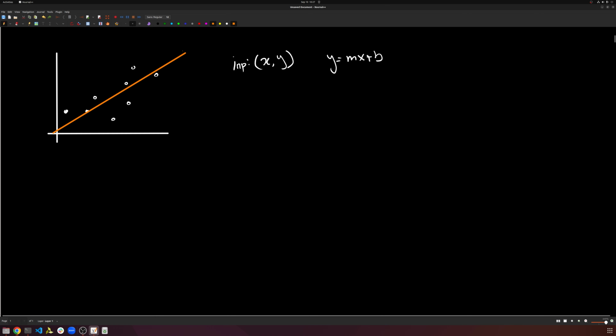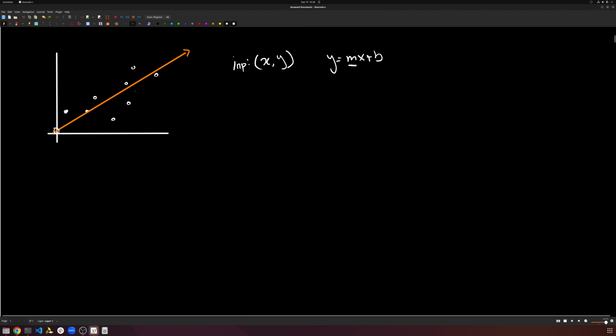We have a line that defines the trend in our data. And so what are the two things that make up a line? Well, the first one is the slope, right? The rise over run, the m, it determines the tilt of the line effectively. And then we have the b, a translation term determining the height of the line with respect to the x-axis, right? So it can go up and down. So using these two things, m and b, we can effectively fit a line to our model.